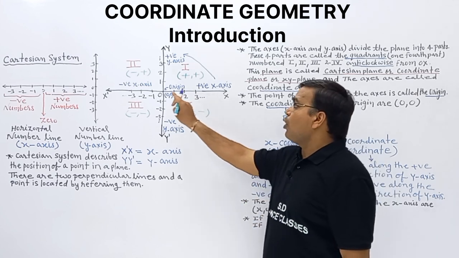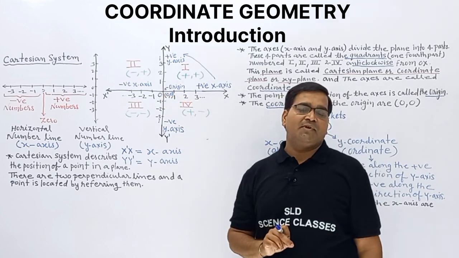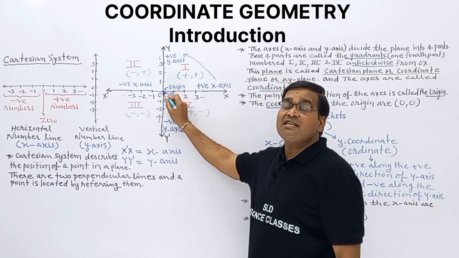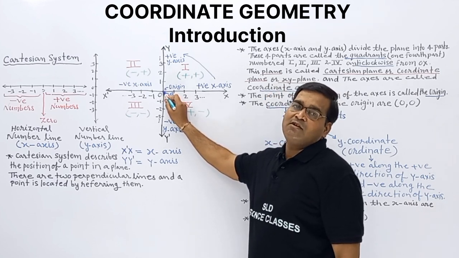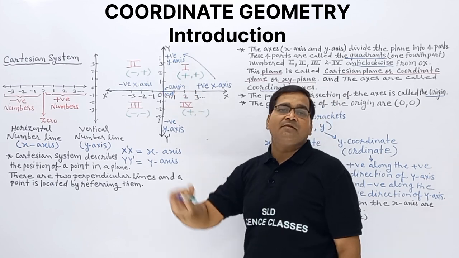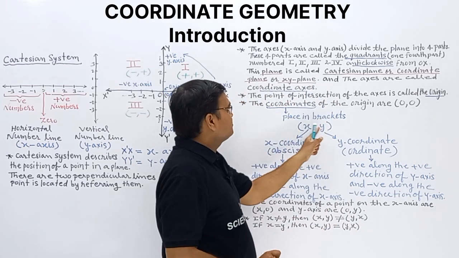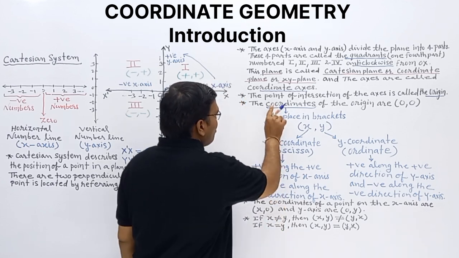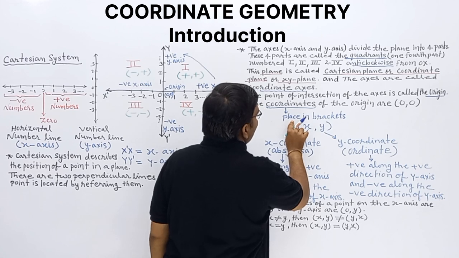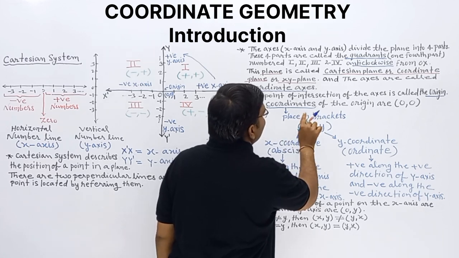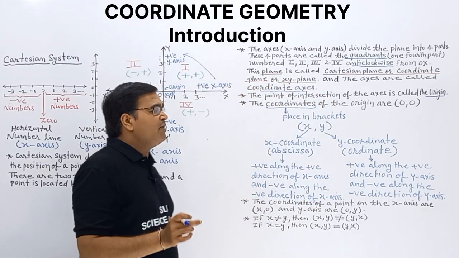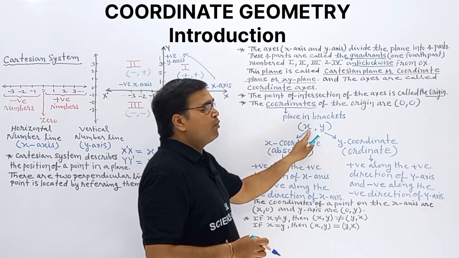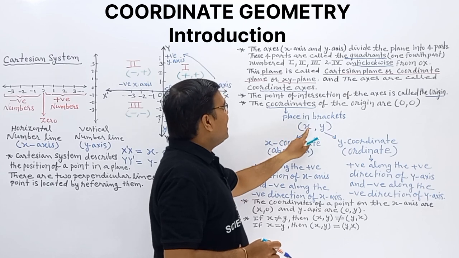Then what are the coordinates of this origin? There we have the x coordinate and the y coordinate. Listen, coordinates are placed in brackets. We will use brackets for writing coordinates like x comma y.